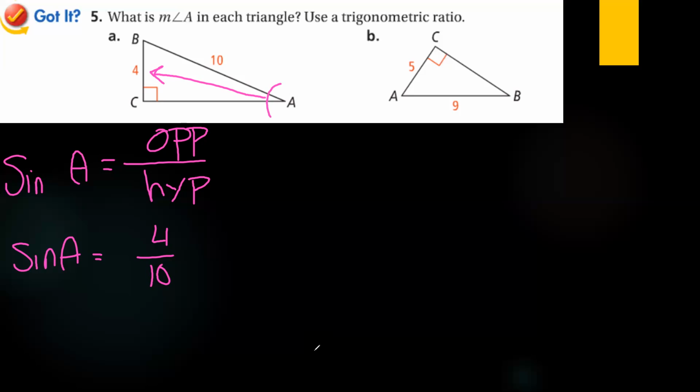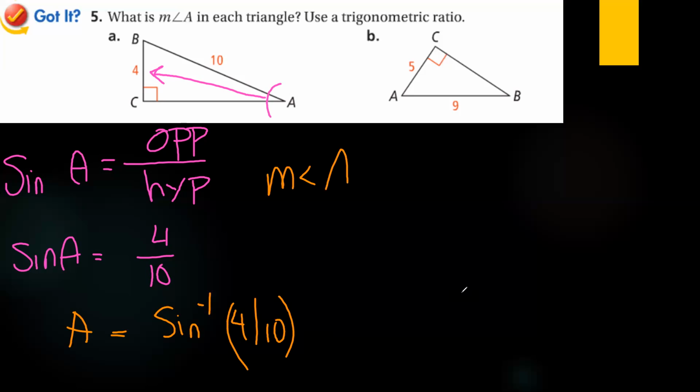So in order to find A, you have to say it's sine inverse of 4 over 10. By calculator, sine inverse of 4 over 10, they give me that the measure of angle A will be 23.57 degrees.